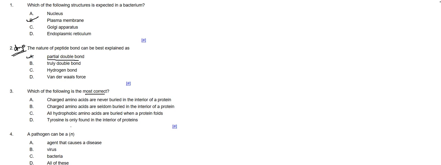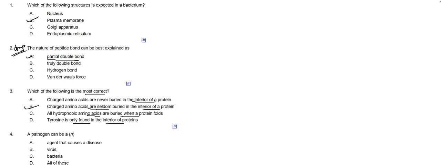Charged amino acids are never buried in the interior of the protein. Next is charged amino acids are seldom buried in the interior of a protein. All hydrophobic amino acids are buried when a protein folds. Tyrosine is only found in the interior of the protein. So answer is charged amino acids are seldom buried in the interior of the protein.